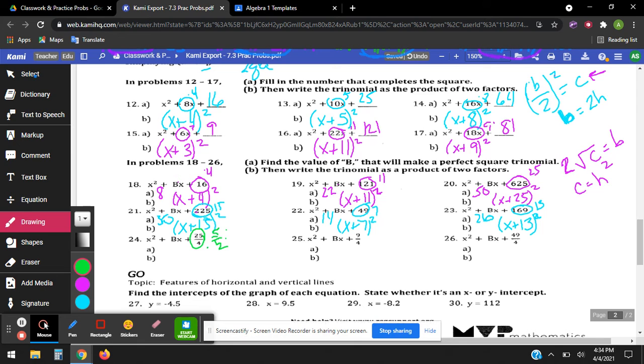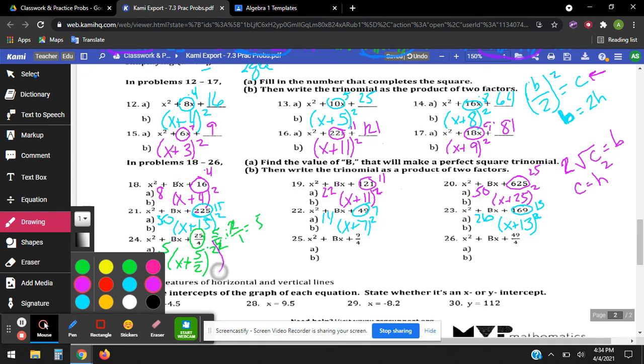That's the square root of 25 over the square root of 4. We times it by 2 to get our B, right? Well, these two cancel, leaving me just 5. So my B is 5, but I'm going to go back to that original x plus 5 halves squared. Leave it as a fraction. Do not put 2.5. They put it as a fraction. You need to leave it as a fraction. I'm just going to circle this so you can see that a little bit easier.